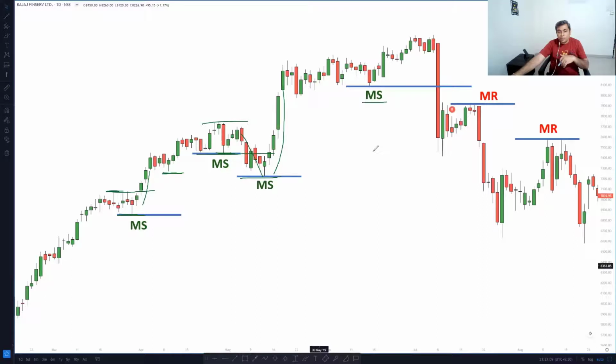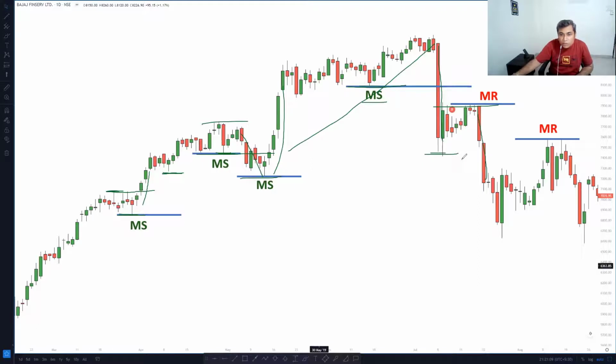Similarly, we have a major support area here as well. Now, what has happened here is, again, prices moved below this major support, which has ended this uptrend, but then prices consolidated below, and again moved down, below this lower low here. So we have the first low here, and then we have a lower low, right?